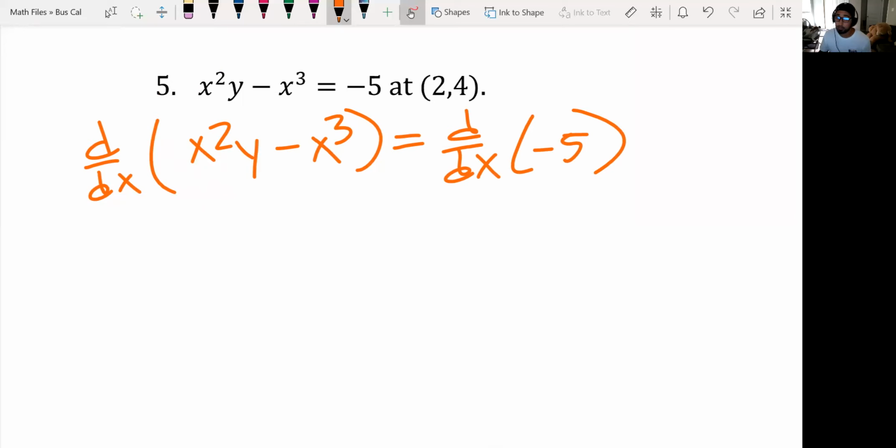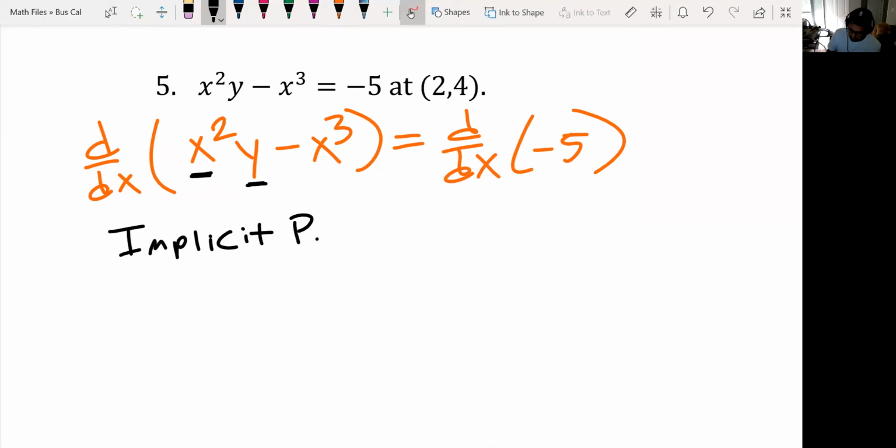And we have to stop ourselves again because we need another product rule. You're like, oh, come on. You have x squared times y. So this is another implicit product rule.